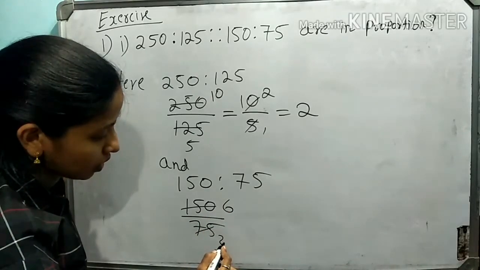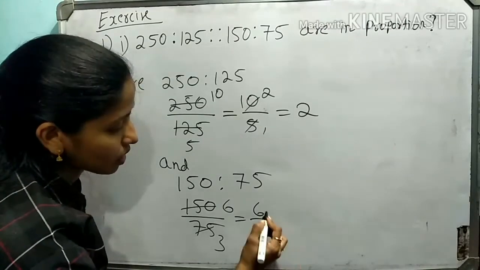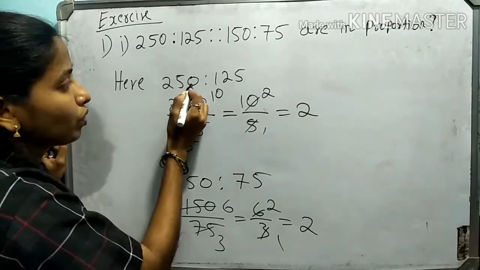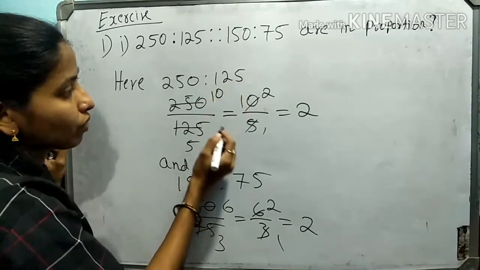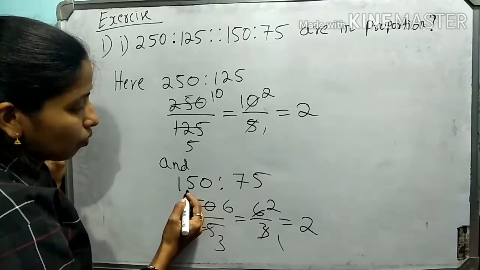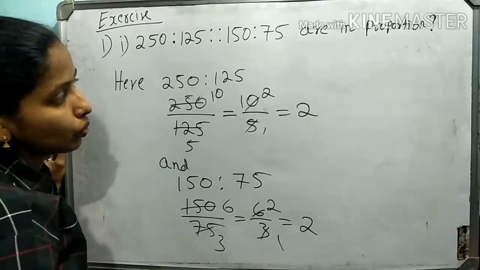So it is equal to 6 by 3. 3 ones are 3, 3 twos are 6. So it is equal to 2. 250:125 is 2, and 150:75 is also 2.